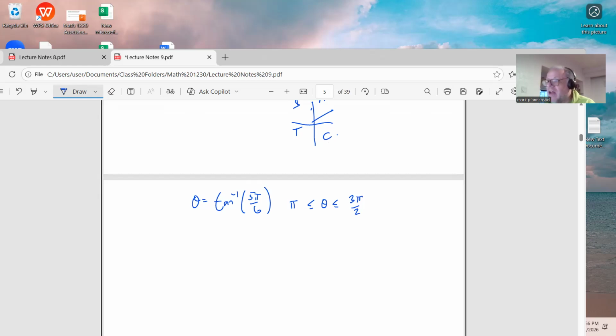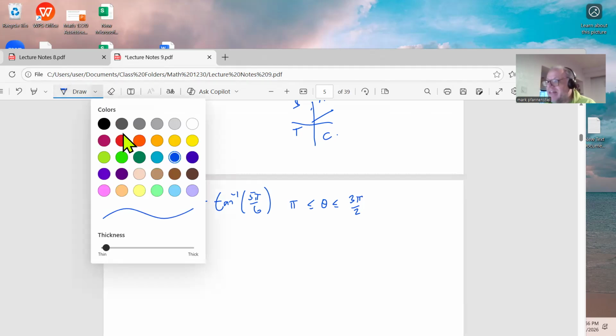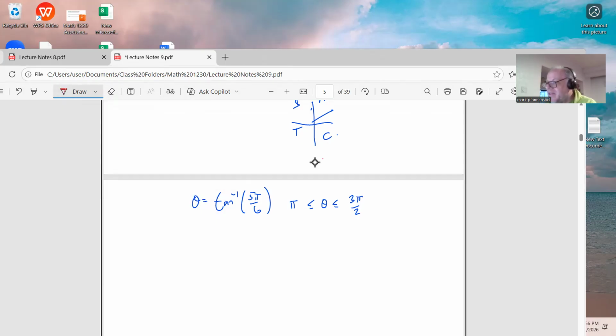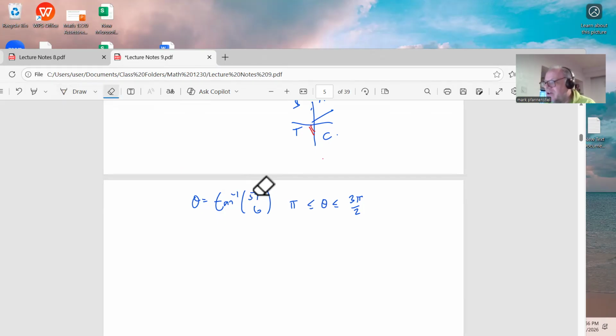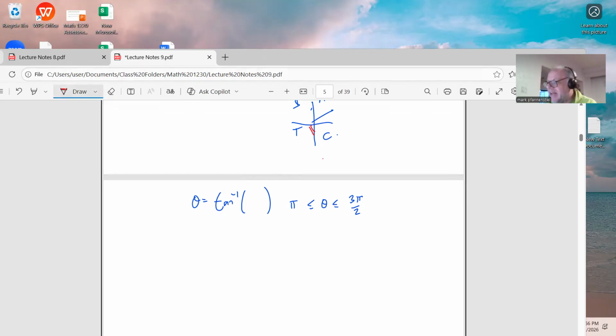Okay, let's change our answer here. I want negative square root of 3 over 3. Okay, so we want the inverse tangent of negative square root of 3 over 3, but we're going to specify that theta is between pi and 3 pi over 2.